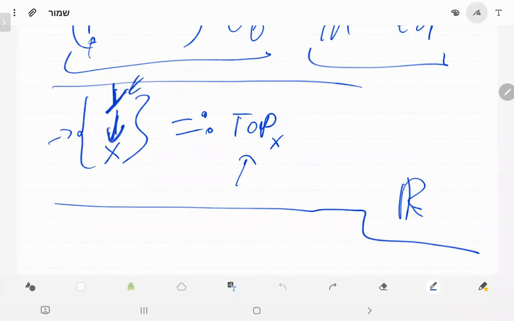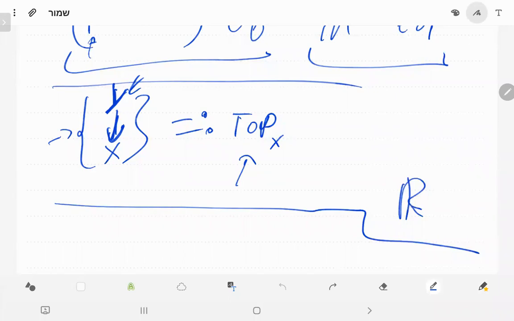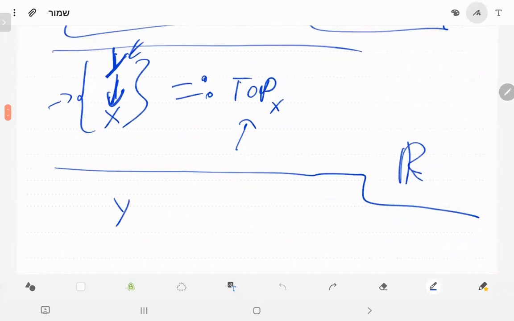So what is an R vector space object in this category? You will have an object over X. You will have an addition map like this.